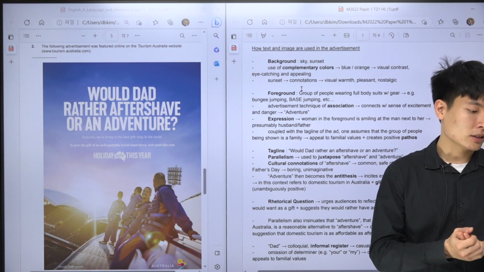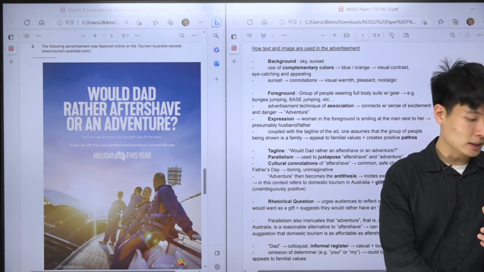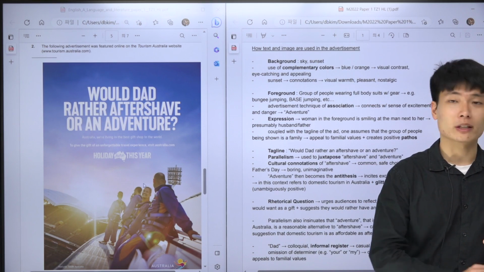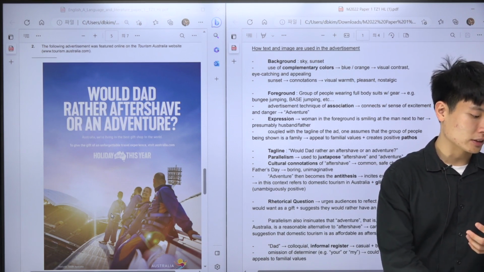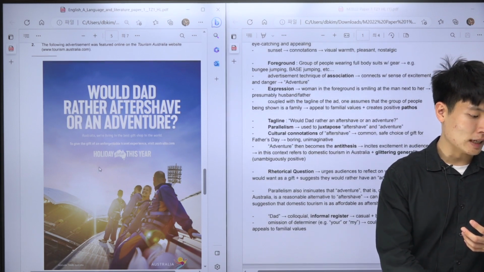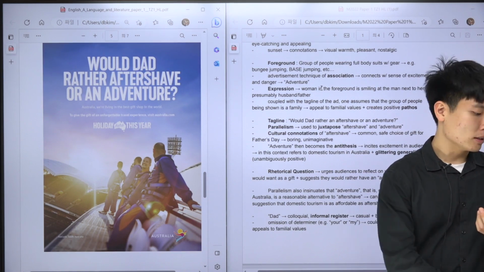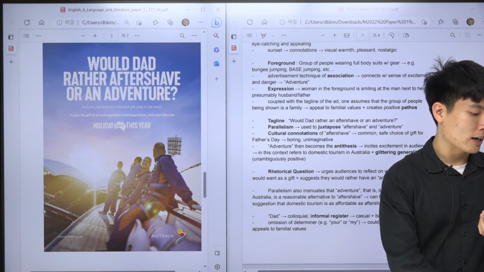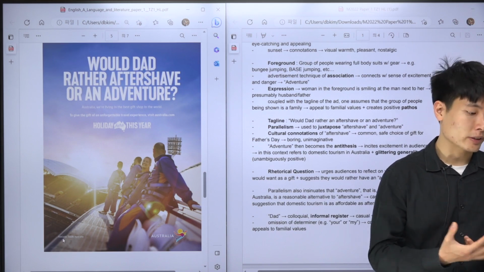So in the foreground, we see what looks to be a stadium, and a group of people wearing full body suits, jumpsuits, and they have a lot of gear on them as well. I think it's safe to assume that they will be either bungee jumping or base jumping, looking at how high up they are and by the gear that they're wearing.